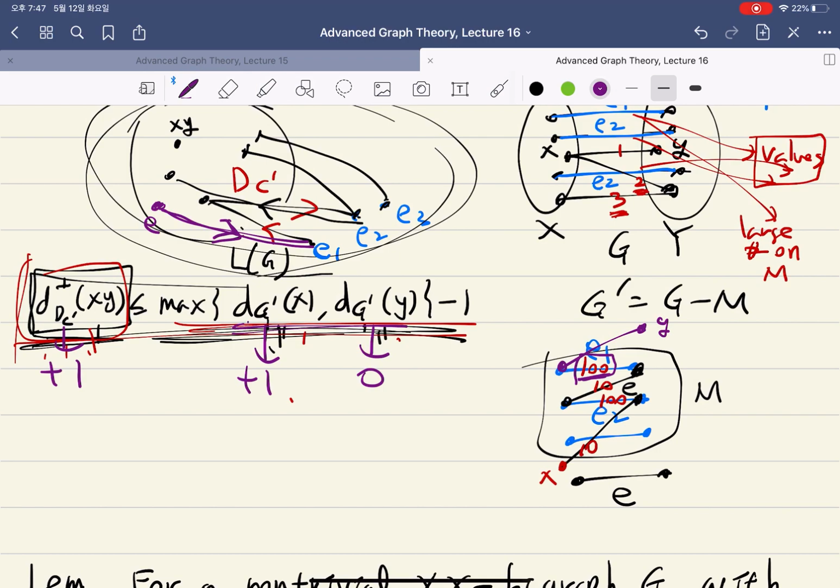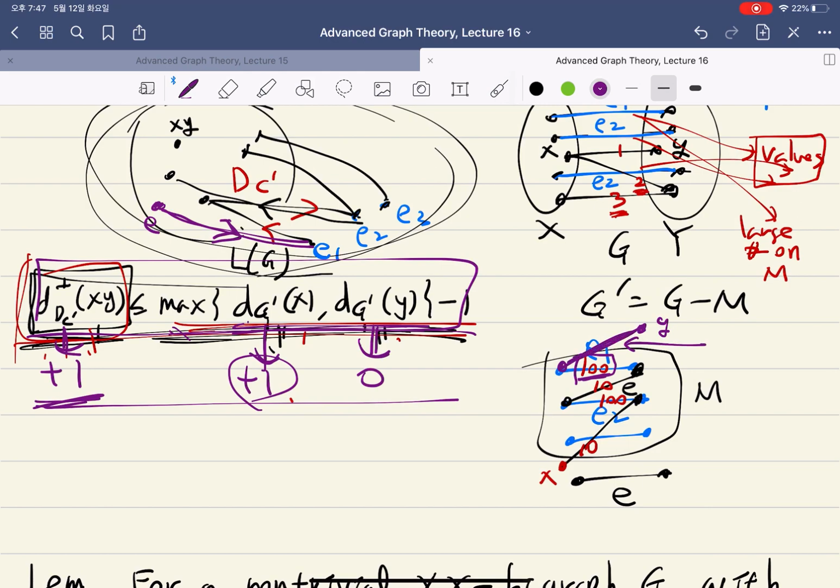So depending on which one is bigger, before this holds, and now you add this one, and you add this one, and you add 0, then we don't know whether the inequality is still true or not. It could be that this increased by 1, but by taking maximum, this could stay same. So this type of edge is dangerous in this induction argument.